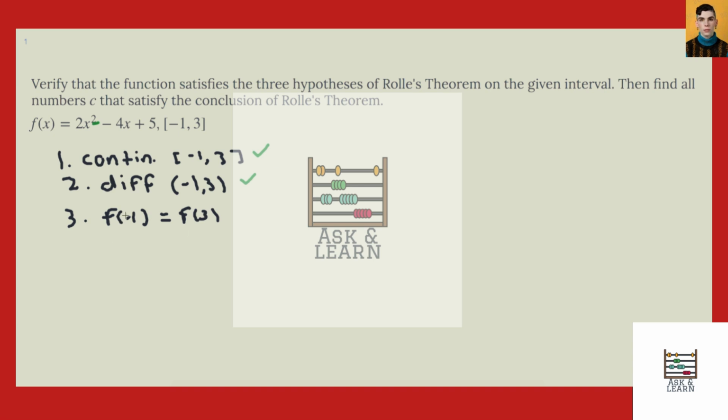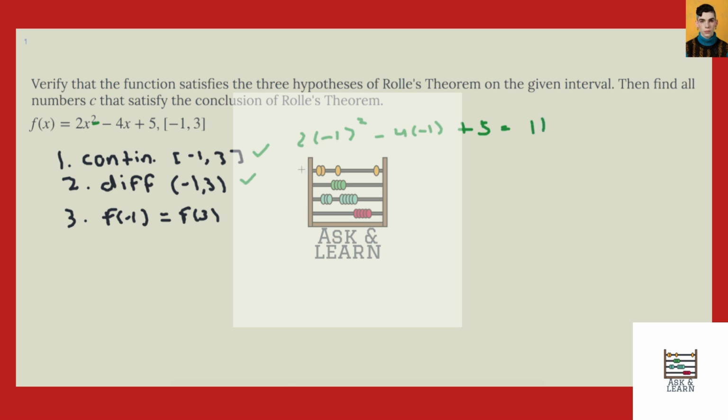And if you actually plug in the value of -1, so 2 times -1 squared minus 4 times -1 plus 5, you actually get 11.